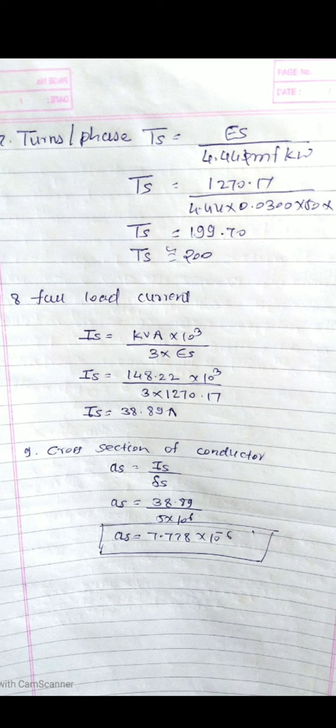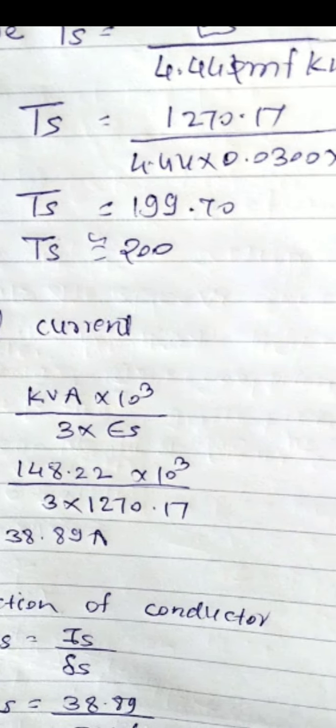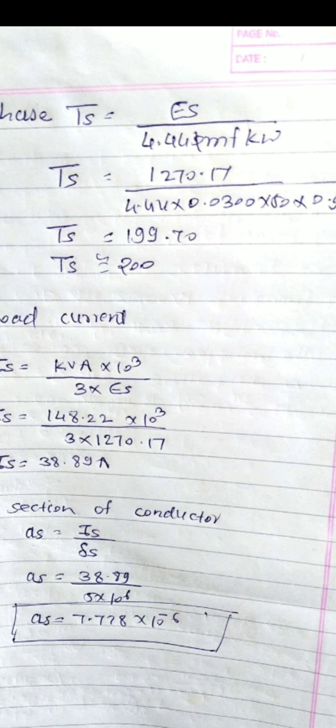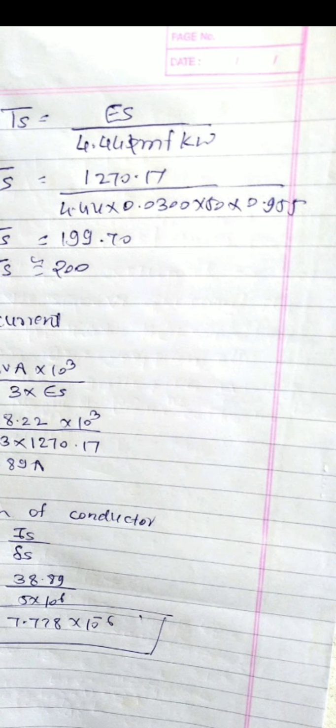Put the value: ES, the voltage per phase, is 1270.17 divided by 4.44 into phi max 0.0300, frequency 50, and winding factor 0.955. It will become 199.70, so we take 200.